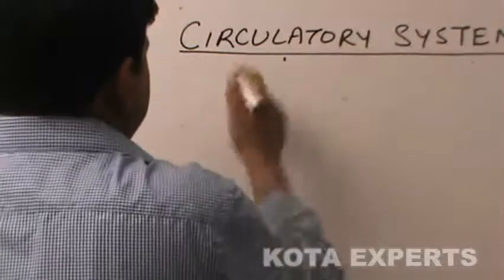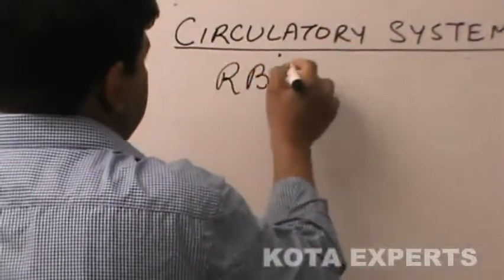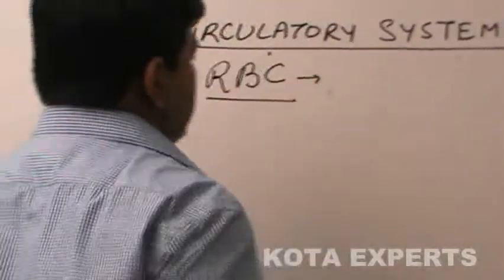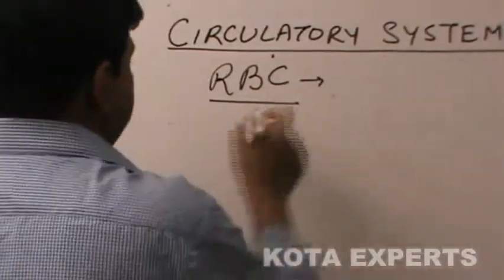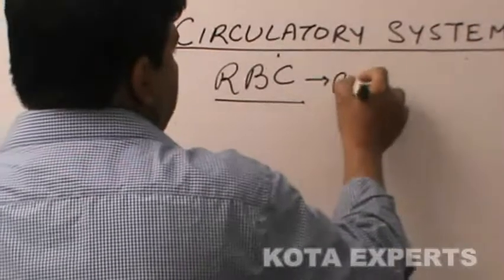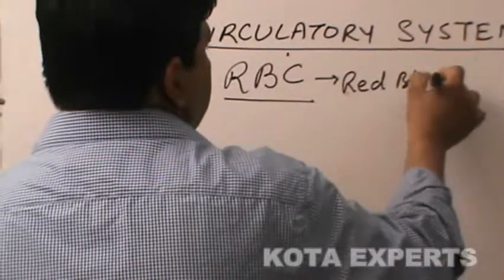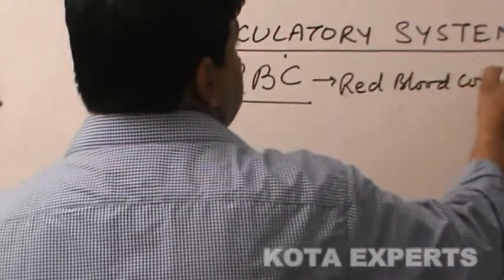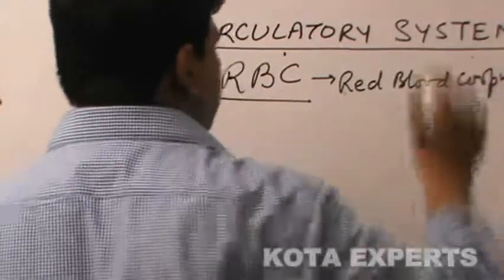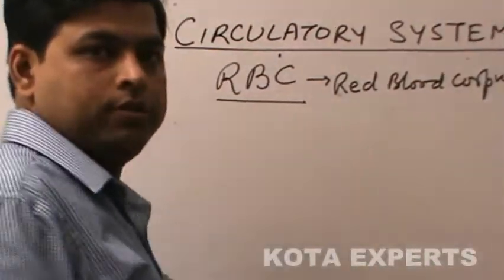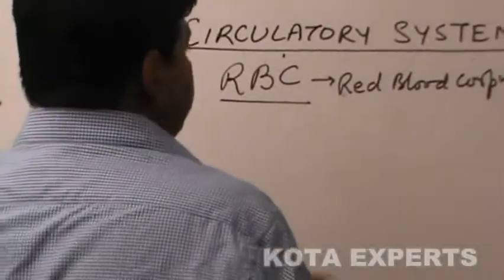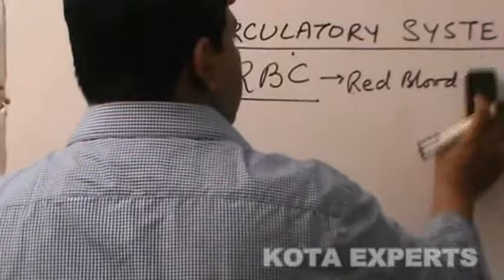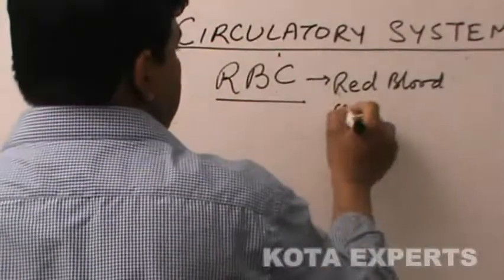Now first we are going to deal with the RBC, that is red blood cells or red blood corpuscles. So these are red in color.